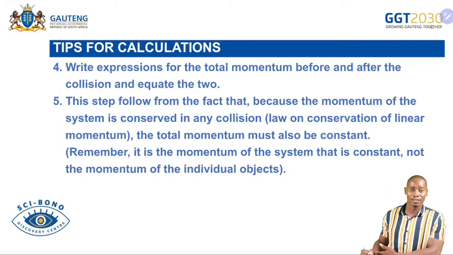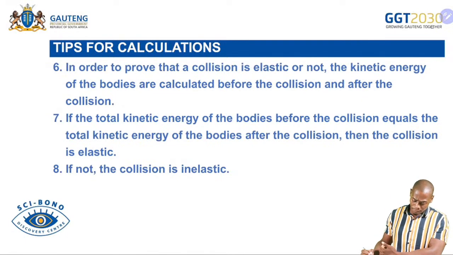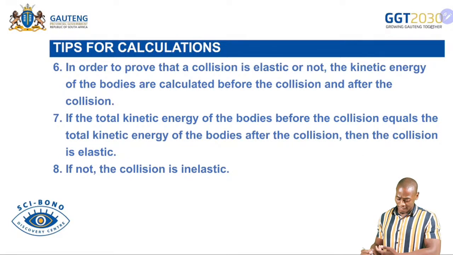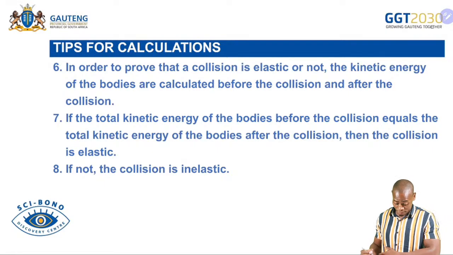The reason we are giving you these tips is that the equation for the principle is not on your formula sheet, so it's very important to make sure that you write it correctly. Then, in order to prove that a collision is elastic or not, the kinetic energy of the bodies is calculated before and after the collision. So I've alluded to that.